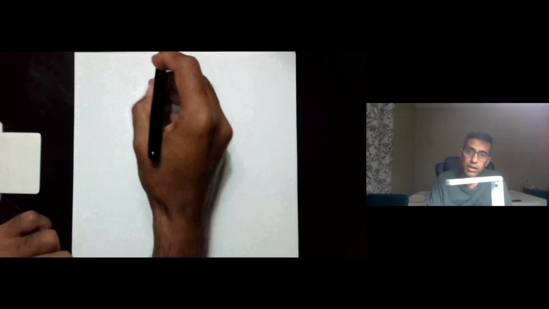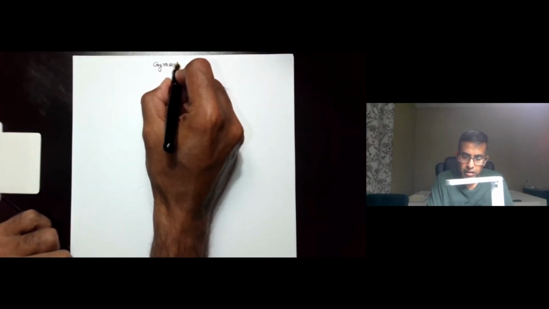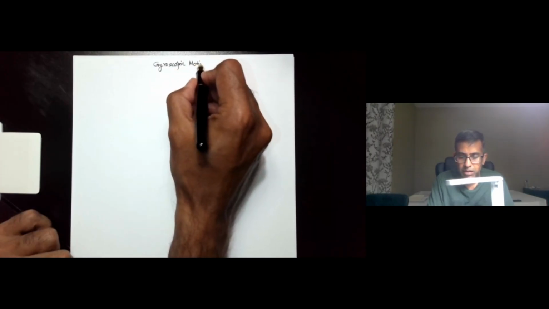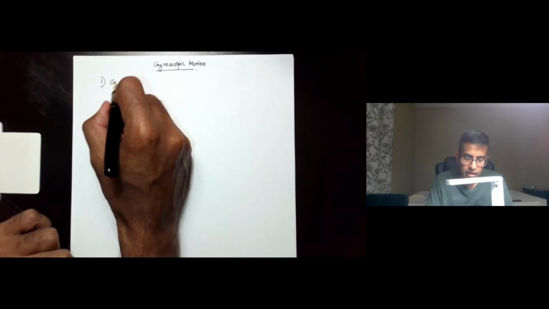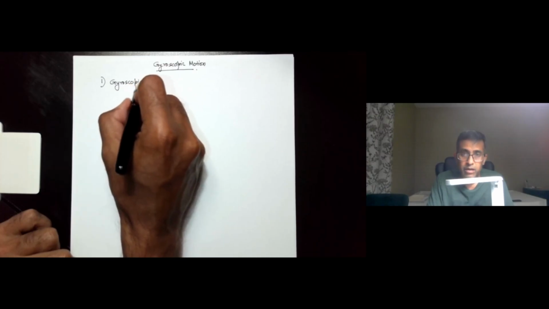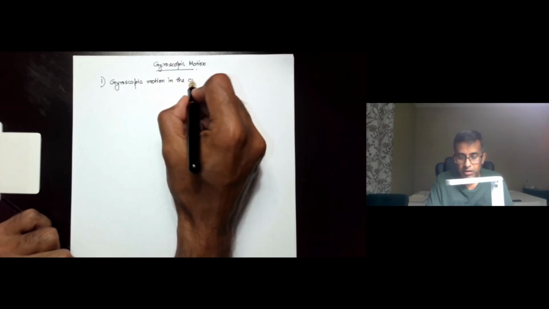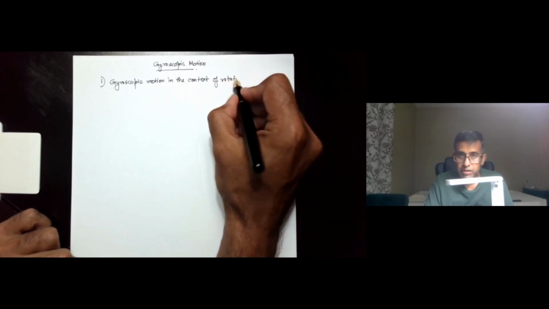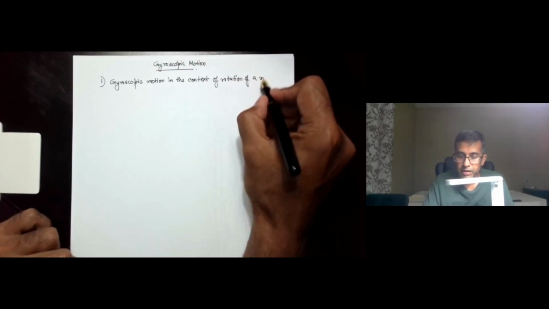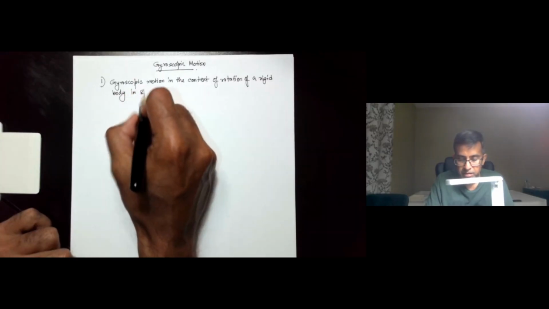So in the first discussion, within gyroscopic motion, we will first consider gyroscopic motion in the context of rotation of a rigid body in space.